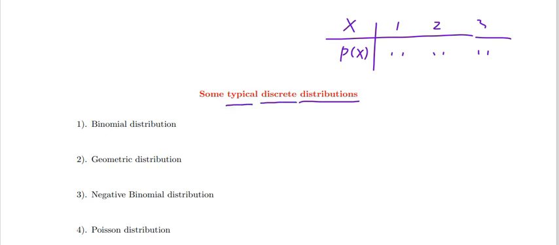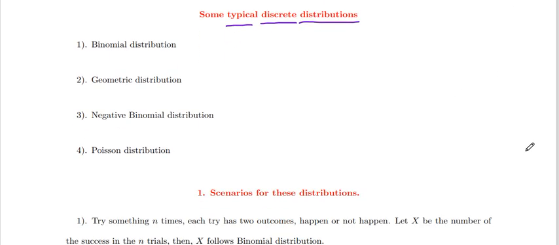So we will check some typical distributions: binomial distribution, geometric distribution, negative binomial distribution, or Poisson distribution. Those are the most important discrete distributions. So I'm sure you already know the binomial distribution, right?